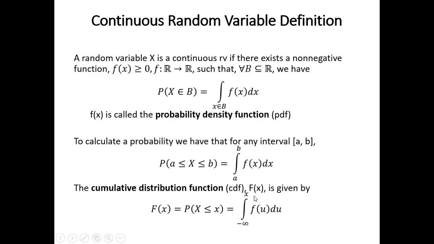And we can find the CDF. If you know the PDF, then we integrate from minus infinity, let's say, to x, the PDF, and the result will give us the cumulative distribution function. Now, this CDF can be very useful.